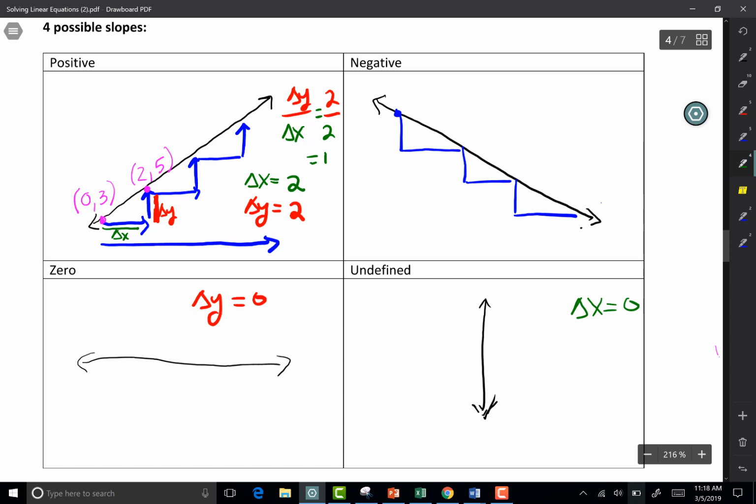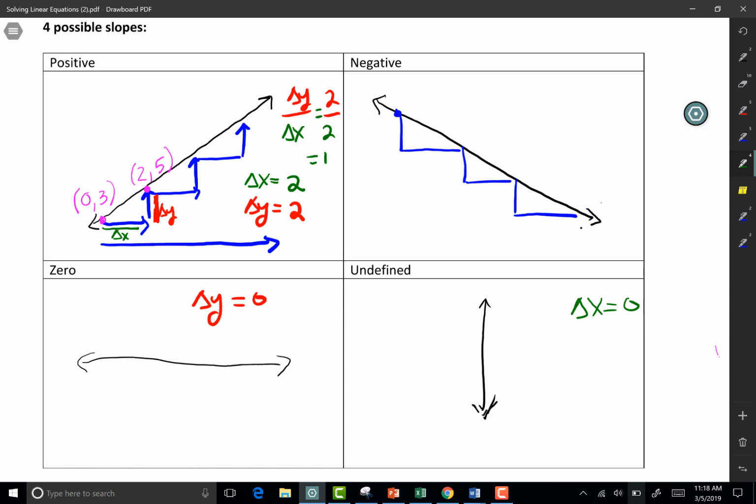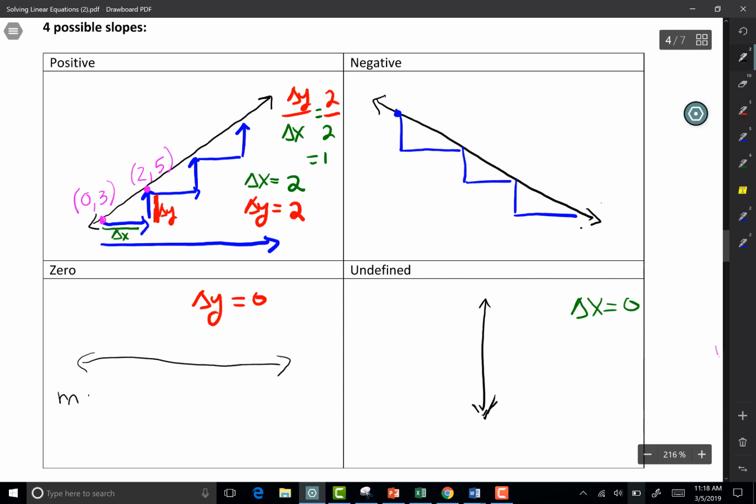There's no change horizontally. Now, if I look at the difference between 0 and an undefined, one thing I want you to pay attention to, remember, your slope, which a lot of times we call m, is the change in y over the change in x. So in this case, if I pick 2 points on my line, let's say this was the point (3, 7), and let's say this is the point (5, 7).